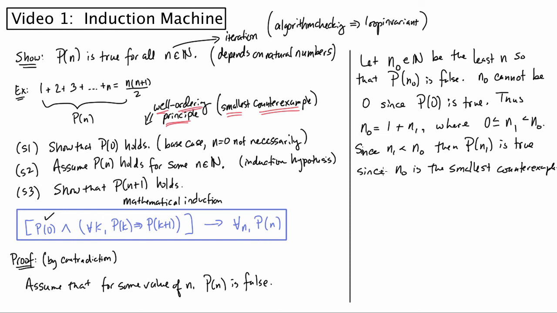So P of n1 is true since n0 is the smallest counterexample. However, this implies that P of n1 plus 1 is true by the inductive hypothesis.